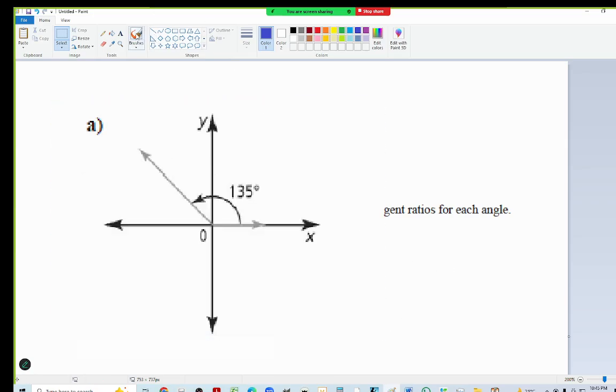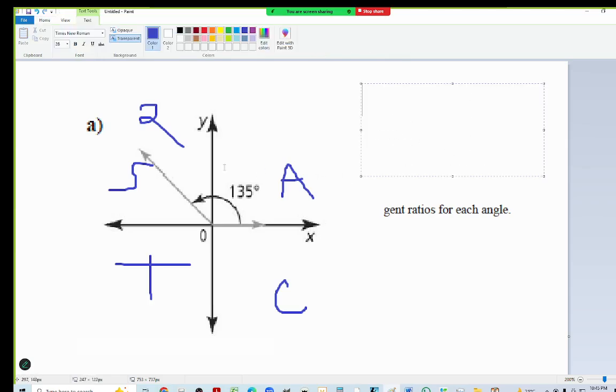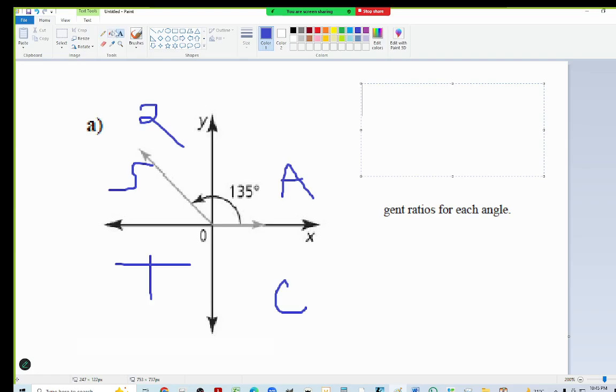Now, first of all, what quadrant am I in? 2. Where would I put CAST? C is right there, A, S, T. So in this quadrant, what can I expect to be positive? If I see an S, sine is always positive.